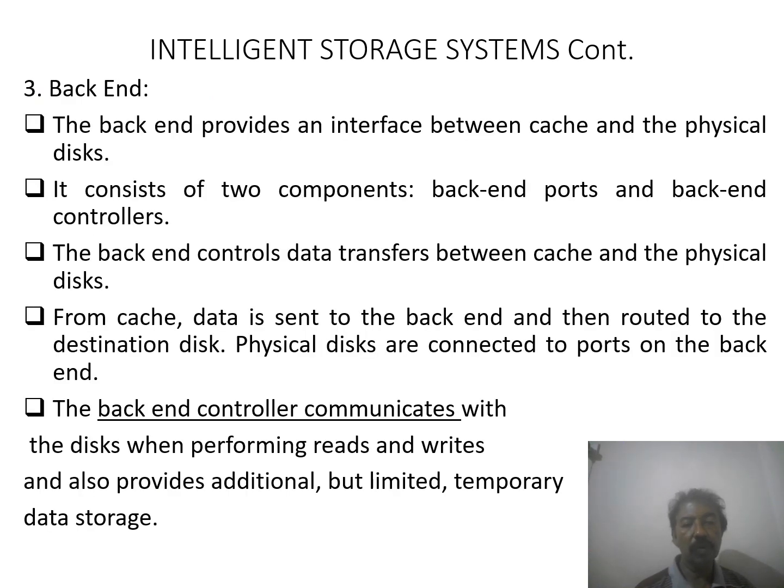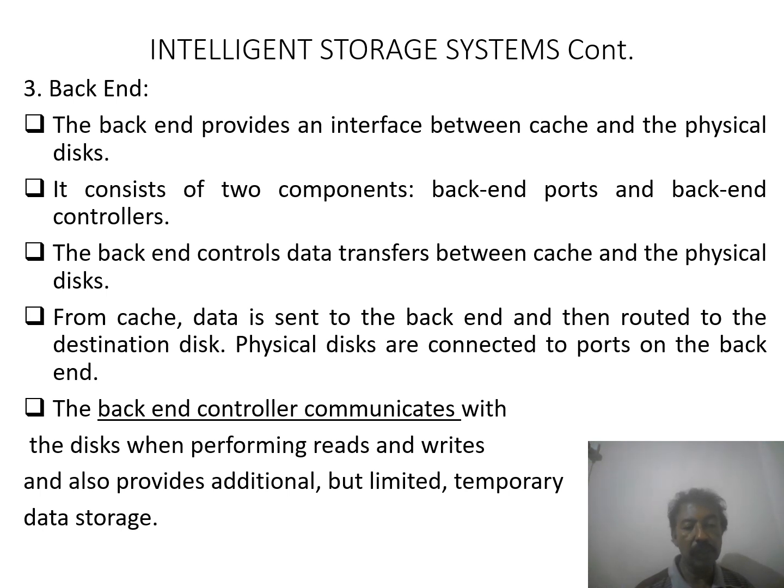Next, we go to the back end. The back end provides the interface between the cache and the physical disk. It consists of two components similar to the front end components: back end ports and back end controllers. Back end controllers handle the data transfer between cache and the physical disk.